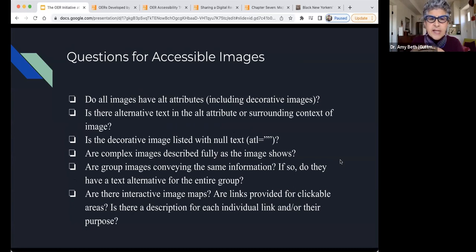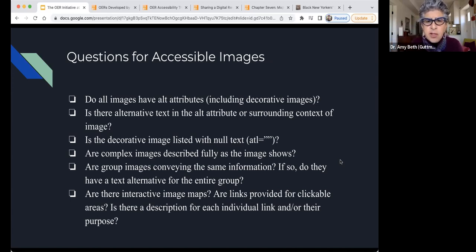So this one is specific for images, which is different than text. Do all images have alt attributes, including decorative images? Is there alternative text in the alt attribute or surrounding context of image? Is the decorative image listed with the null text, parentheses, alt equals, open quote, close parenthesis?